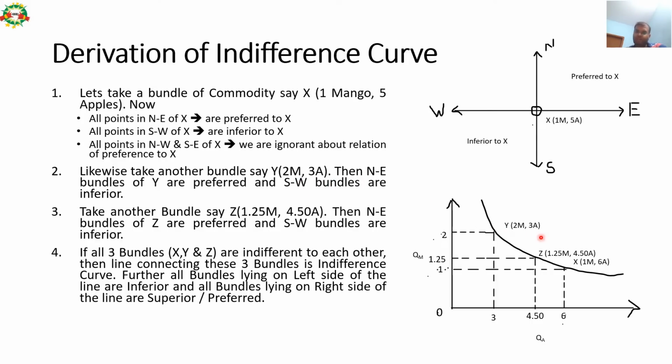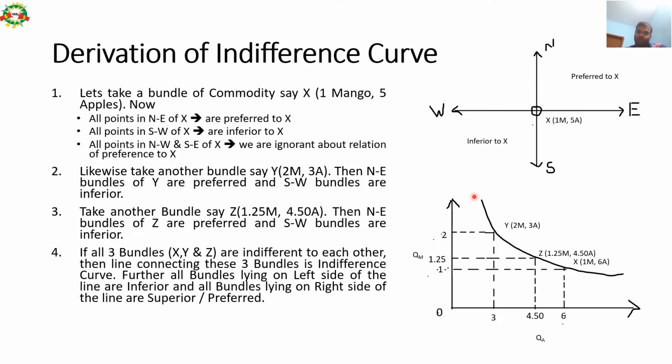Here also, the bundles which fall in northeast zone of Y shall be preferred, and bundles which fall in southwest zone of Y will be inferior. Likewise, if we take another hypothetical combination Z, 1.25 mangoes and 4.5 apples, again all northeast zone combinations will be preferred and southwest combinations will be inferior.